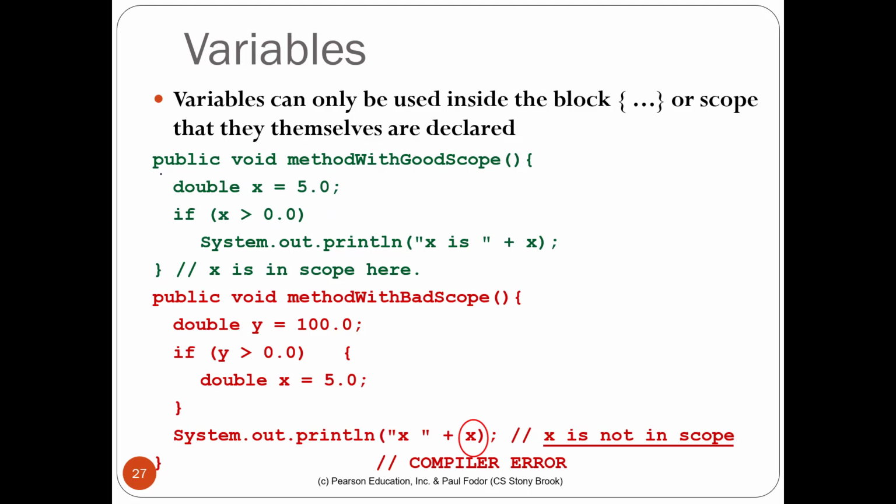In this example that you're looking at, public void method with good scope, look at x. It is declared as a double in the first line, and we are using an if statement. Don't worry too much about if. In the next lecture we'll be doing if, which is a conditional. So the value of x is compared to 0.0. 5.0 is greater than 0.0, so the condition is satisfied, and you print this statement out.